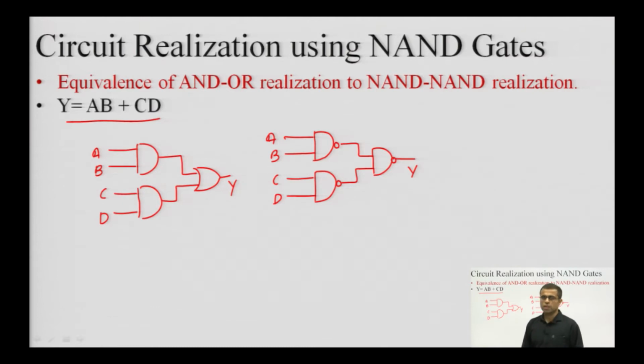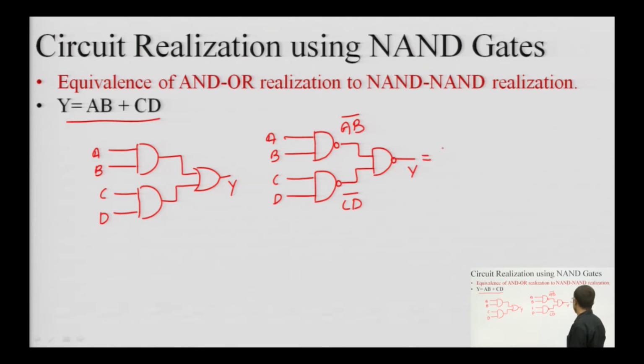I am saying that both these structures are equivalent. That means, they will work exactly the same. I can see that this will give me ab whole complement, this will give me cd whole complement.